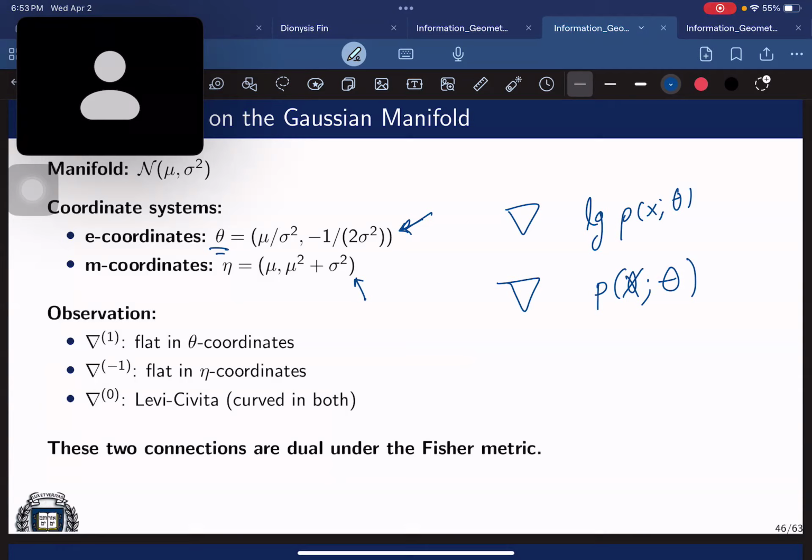And more surprisingly, both of them are geodesics, and the connection to our first point is that the Fisher metric makes these two dual.